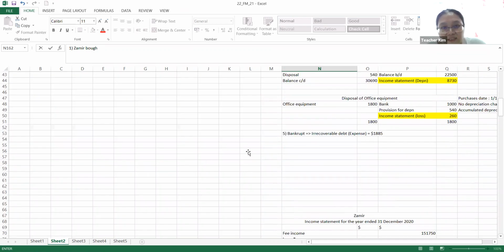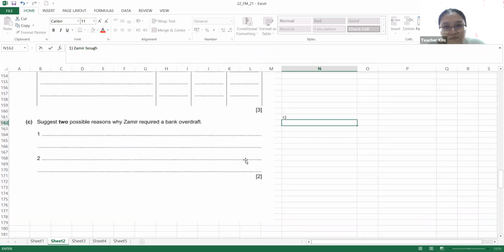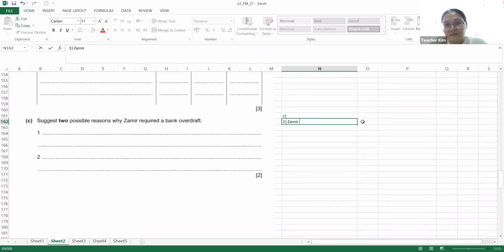So in this case, he draws huge cash, no goods, huge cash for personal use.